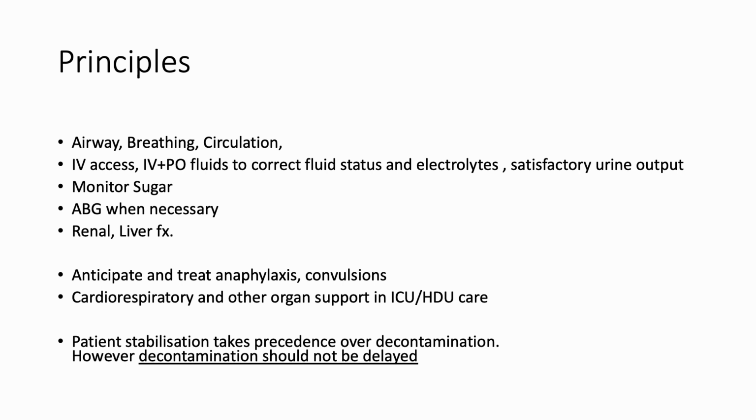in all stations. You need to anticipate and treat anaphylaxis, because poisons are extraneous, external substances, so they can generate a type 1 hypersensitivity reaction and mount a state of anaphylaxis. In the same way, convulsions too can settle in, because poisons can give rise to alteration of electrolyte levels.